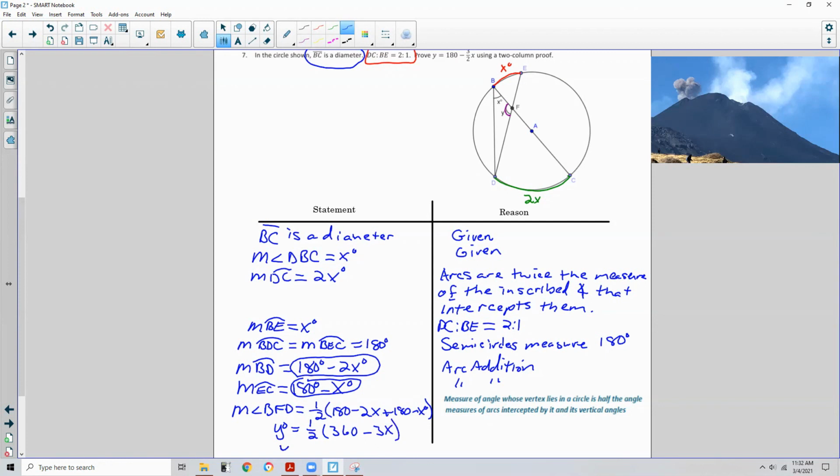So then when I simplify that, I get y degrees equals 1/2, or not 1/2. I'm going to distribute that half, and that's going to come out to be 180 minus 3/2 x. And that's substitution. And what were we trying to prove? Prove that y equals 180 minus 3/2 x. So there it is.